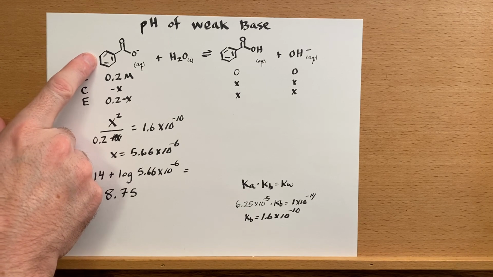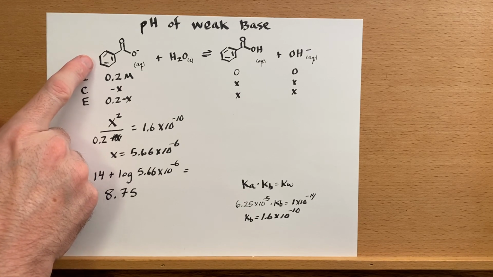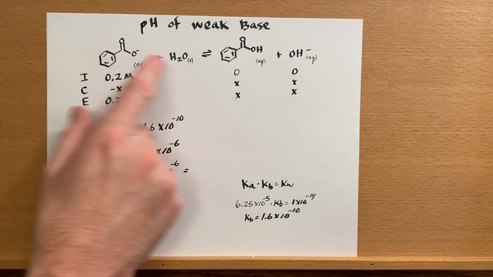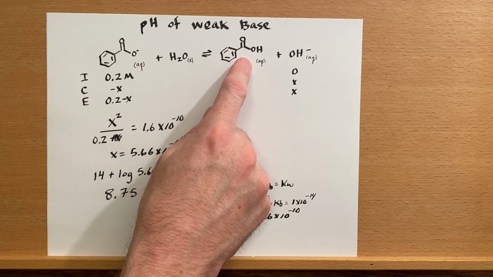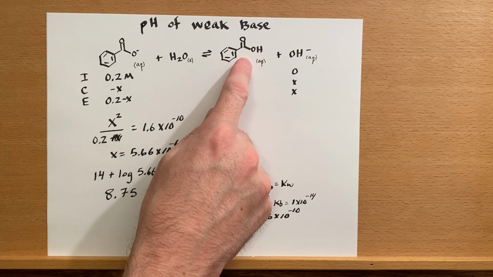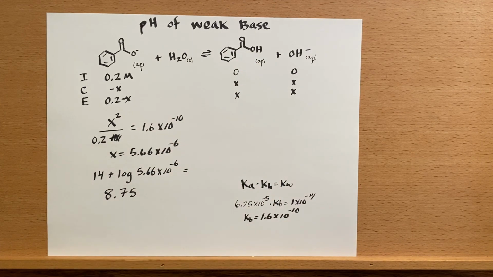So you need to be able to identify what bases look like and what the acid form of those things look like. And I had a video on that, so if you're a little shaky on that, go review that or ask more questions.